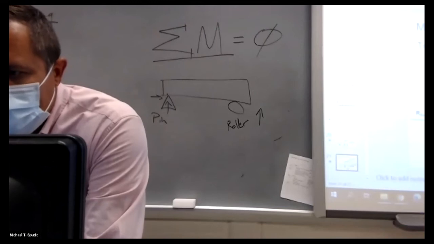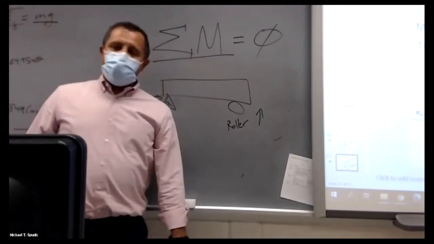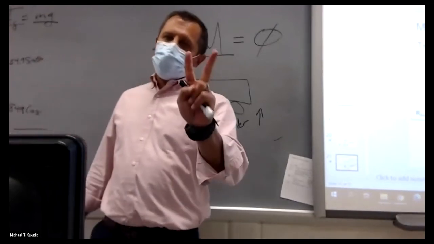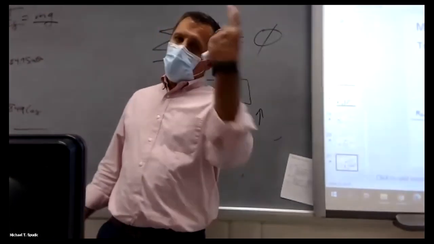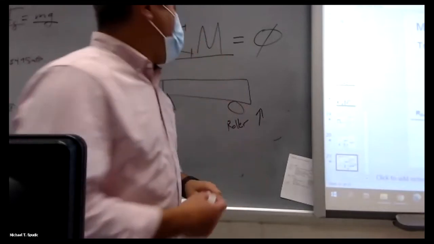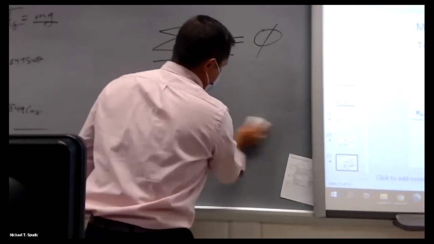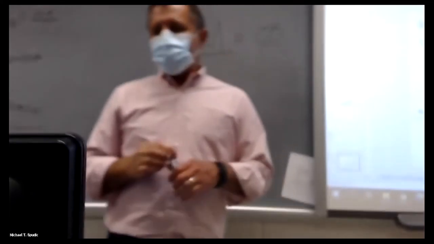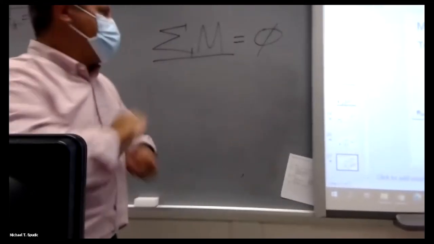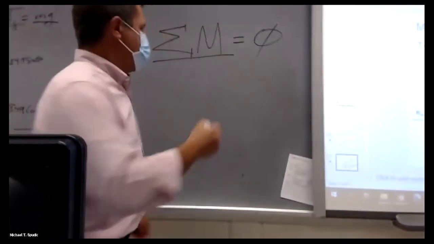I need you to remember this piece. A pin has two reactionary forces. A roller has one. There is an equation you are going to get to determine, so we call this static determinacy. That's a fancy word. I don't know which slideshow it's on, so I'm just going to write it down.